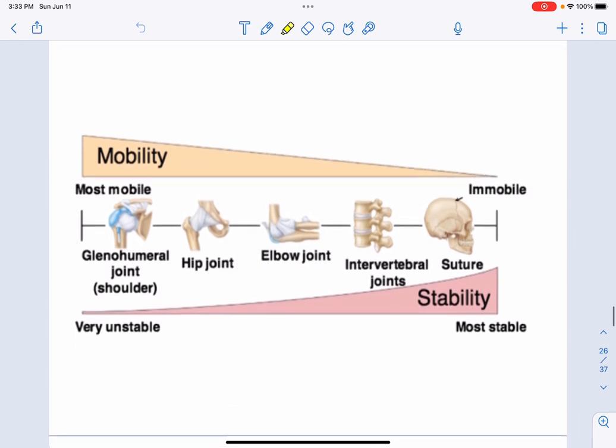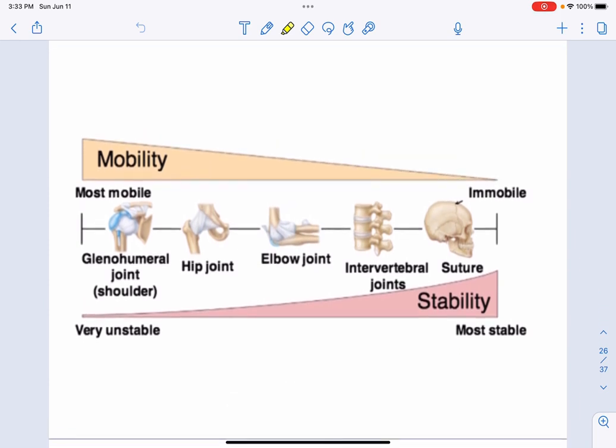So here's a nice picture showing you that inverse correlation. Before we even get into the different types of categories of joints, it's important to note that the more mobile a joint is, the less stable it is.